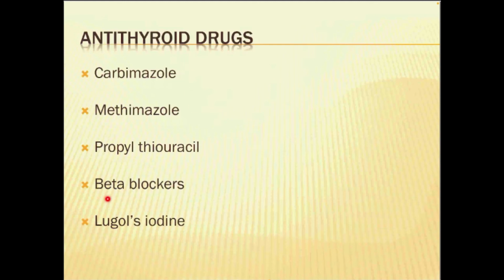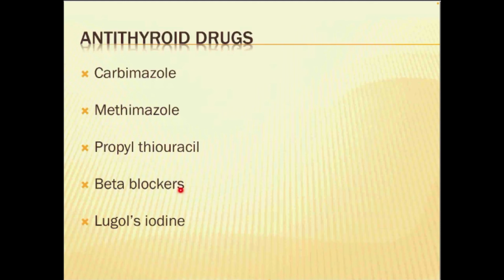What is the use of beta blockers here? In hyperthyroidism, there will be sympathetic overactivity. It can cause palpitation, tachycardia, etc. These beta blockers will reduce the sympathetic activity, and also the manifestations of increased sympathetic activity like palpitation and increased blood pressure.